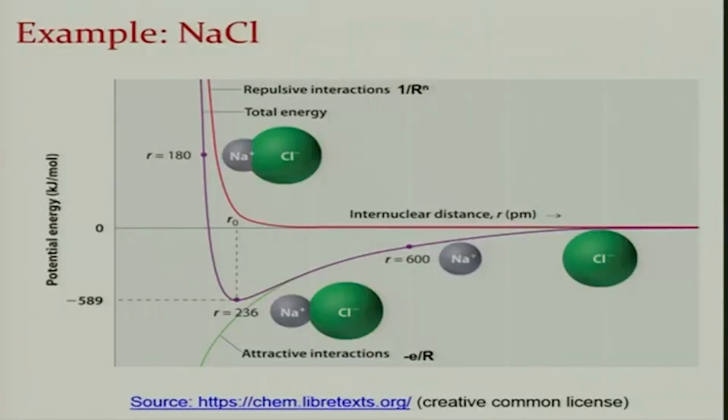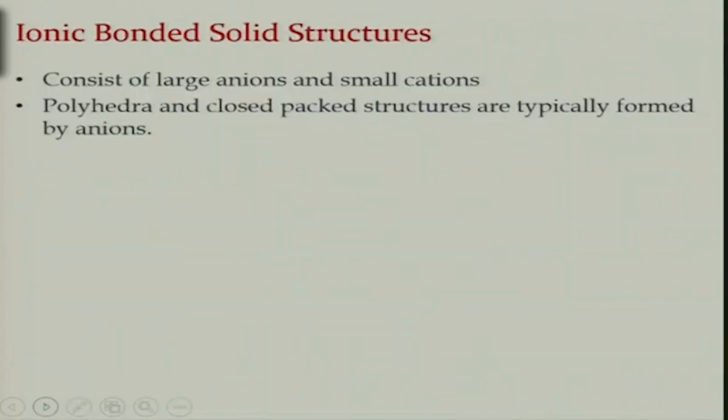So, this is what we have to discuss in the form of bond energy, and essentially we have formed a basis of why dielectric materials with ionic bonding can be strong or weak depending upon various parameters, and how you determine the energy. Ionically bonded solid structures, as I said, consist of large and small ions.